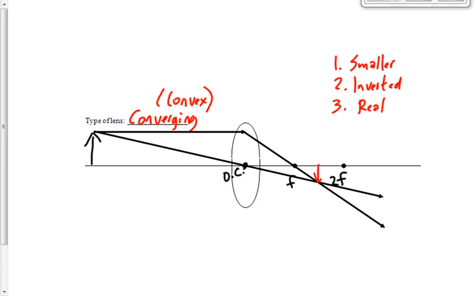When we had real images for mirrors, they were on the same side of the mirror as the object was. When we have a real image for lenses, it's going to be on the opposite side. That's because the rays of light go through the lens. They don't go through the mirror. They reflect off of the mirror.